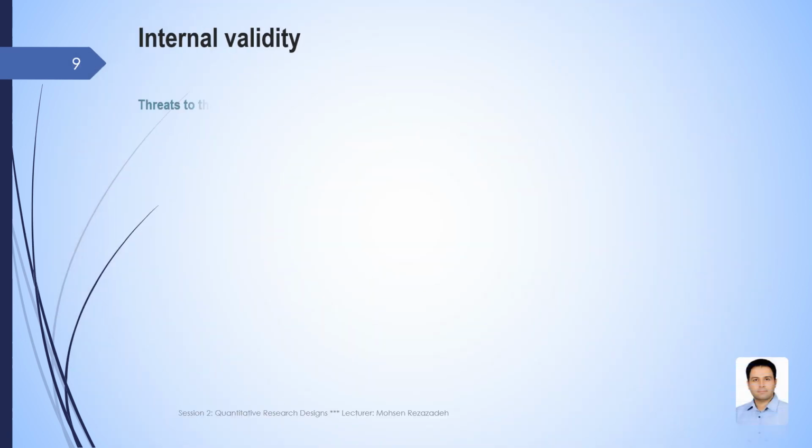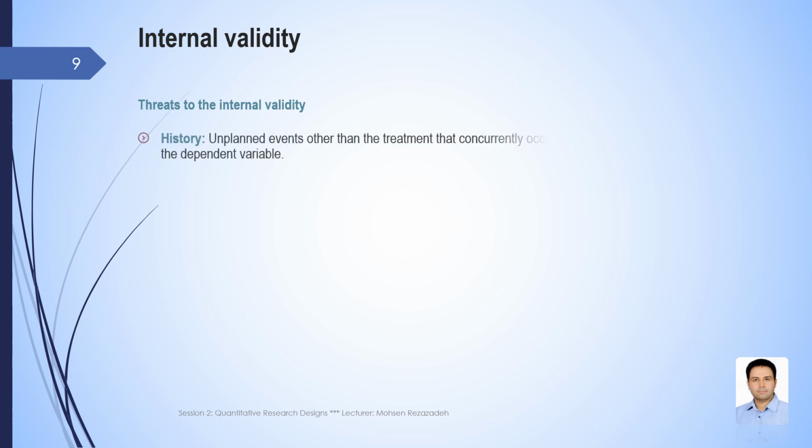In fact, there are some factors that can be considered as threats to the internal validity. History is the first one: unplanned events other than the treatment that concurrently occur and affect the dependent variable. This is the meaning of history. How can we control it?